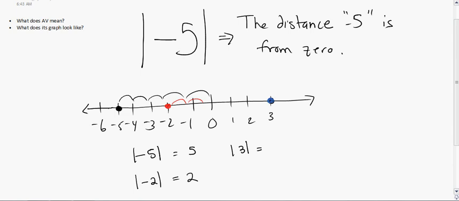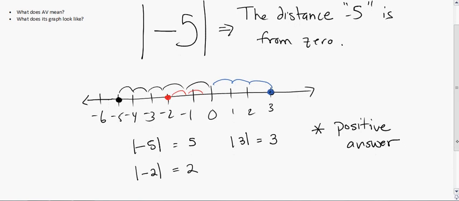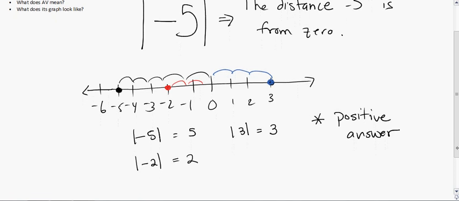How far is 3 from 0? 1, 2, 3 steps away. So the absolute value of 3 is also 3. Notice that all the values are positive. So absolute value is a positive answer. And the reason for that is that distance, when we describe how far one thing is from another, we usually use a positive value.